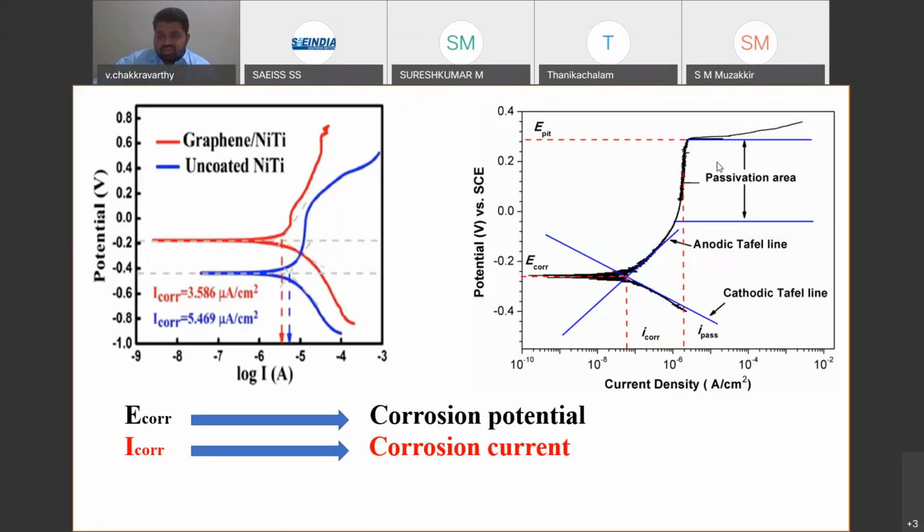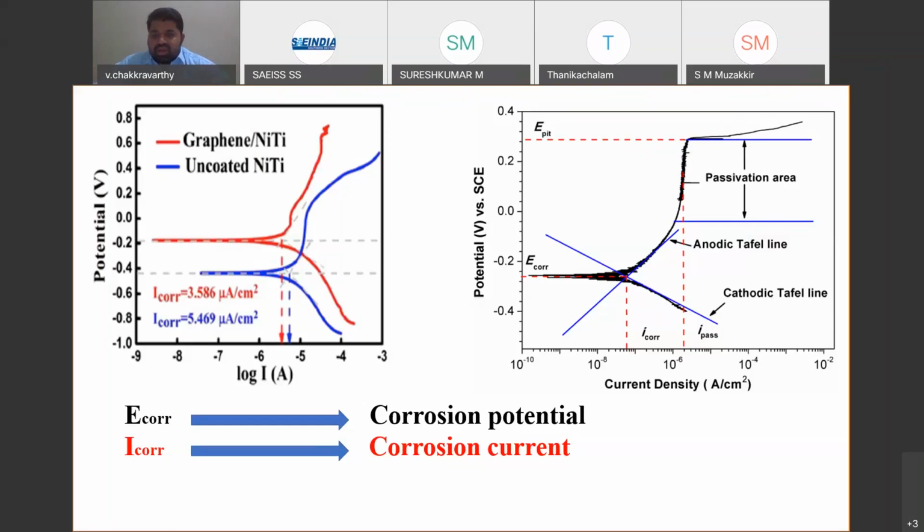Those kinds of areas will exist when the pitting potential exceeds the maximum limit, and then small holes will be formed. If you are applying more corrosion potential and corrosion current, then more small holes will be formed, which is called the passivation area. Then at the bottom we could observe that cathodic reactions and anodic reactions will be taking place.